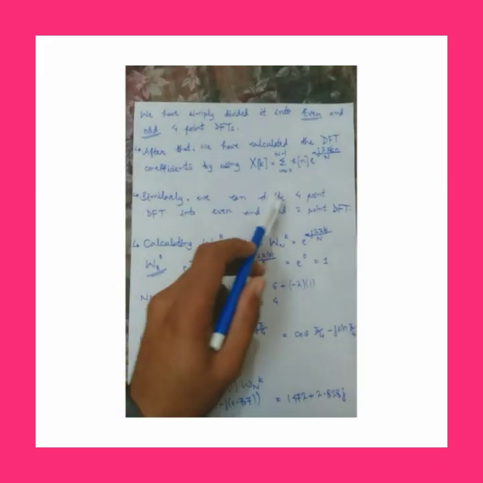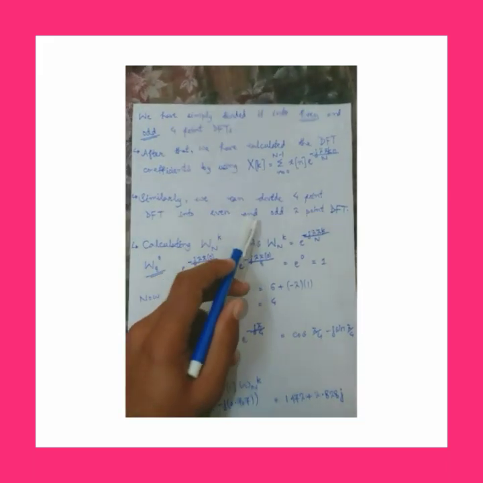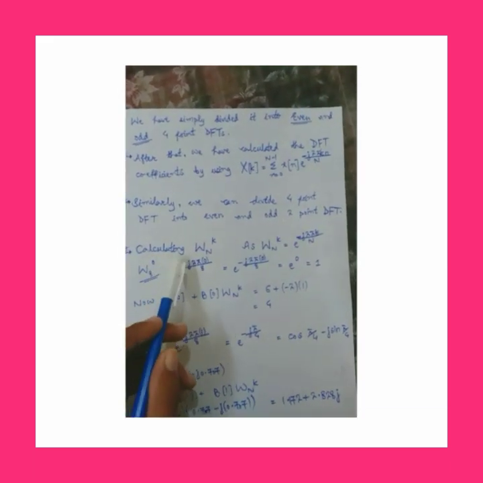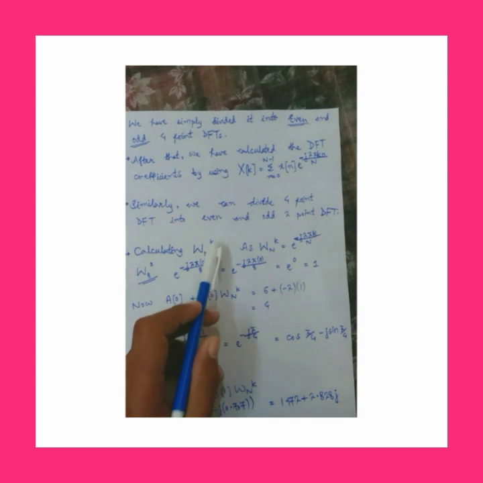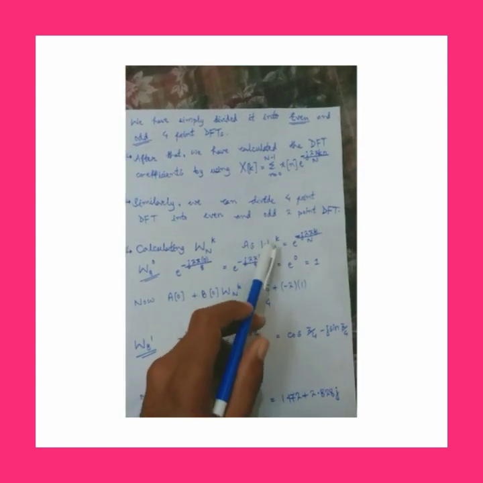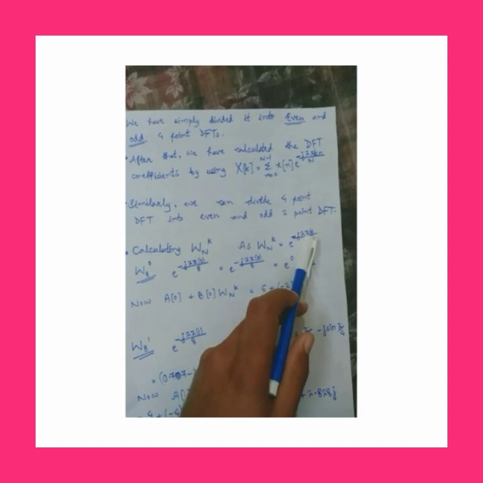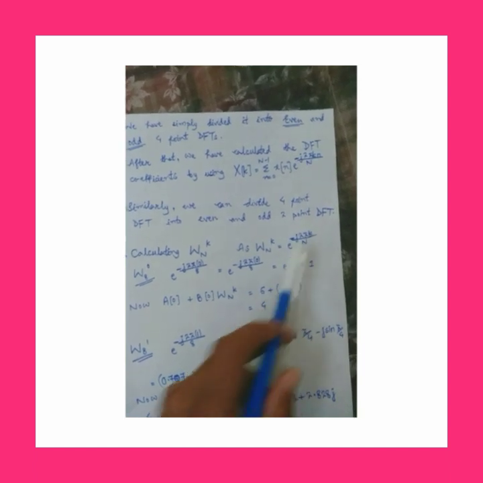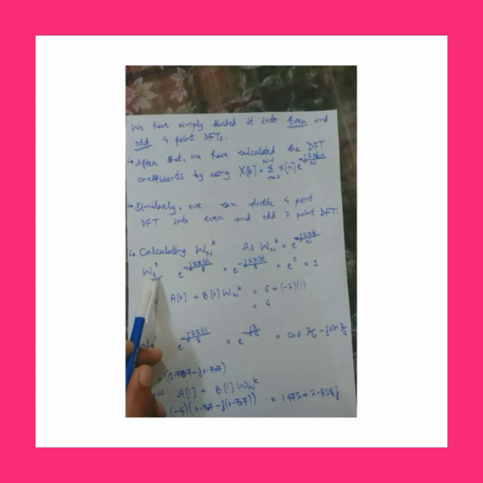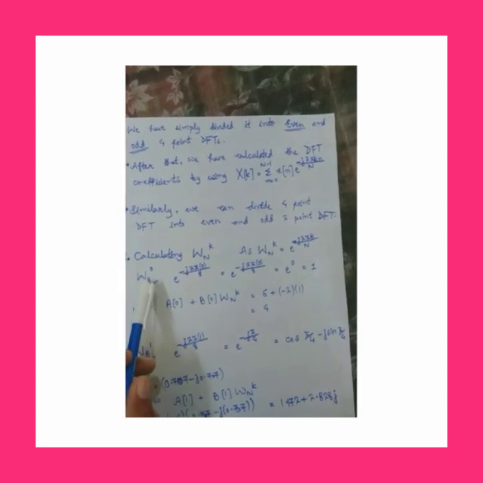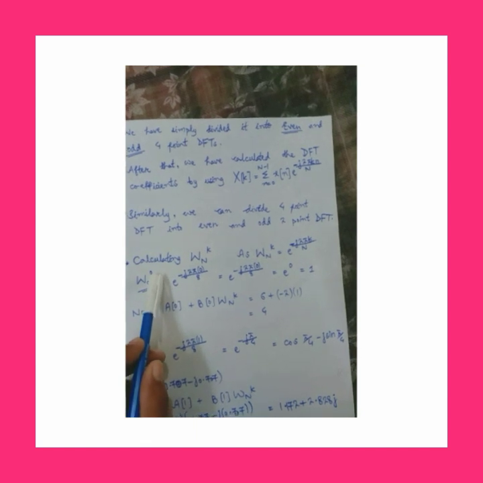Similarly, we can divide the 2-point DFT into even and odd 2-point DFTs. Now calculating the W_N raised to power k, as W_N raised to power k is equal to e raised to power minus j 2 pi k divided by N. First of all, if we want to calculate W_8 raised to power 0, here N is equal to 8 and k is equal to 0.